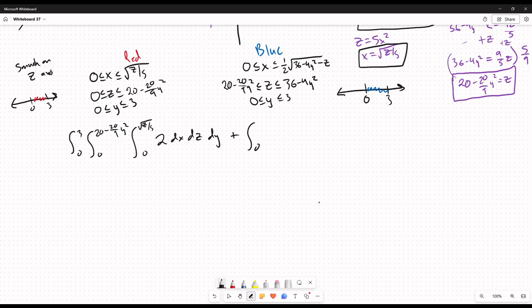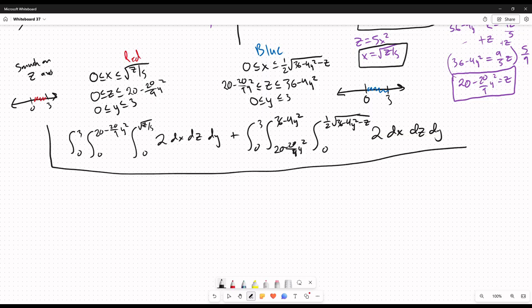And then we'll have 0 to 3, the integral from 20 minus 20/9 y squared to 36 minus 4y squared, and then 0 to 1/2 square root of 36 minus 4y squared minus z, dx dz dy. And that is it.